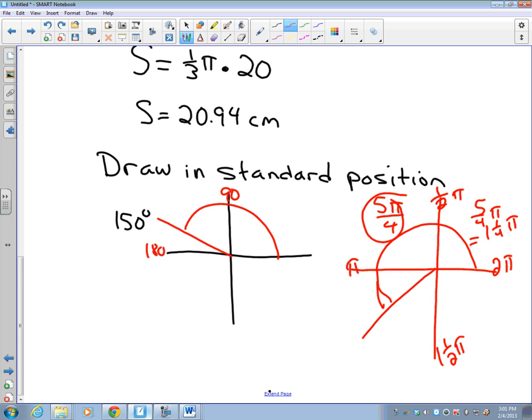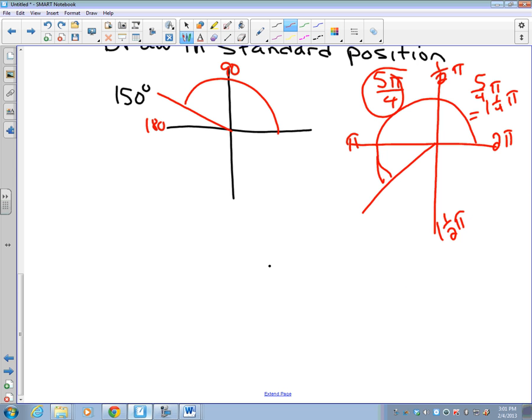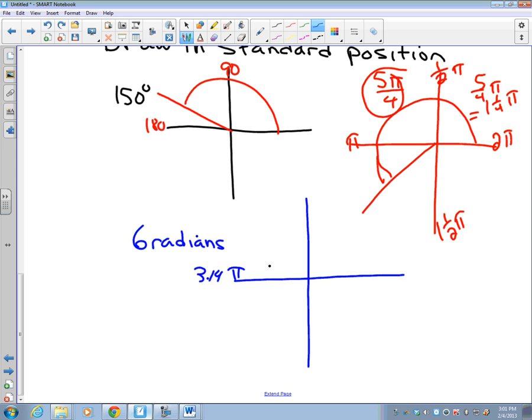And I guess I could also ask you to just draw it like this. Where would 6 radians be? So now I don't give you a pi, I just give you the number 6. So you need to know that this number is pi, so that's 3.14 radians, right?